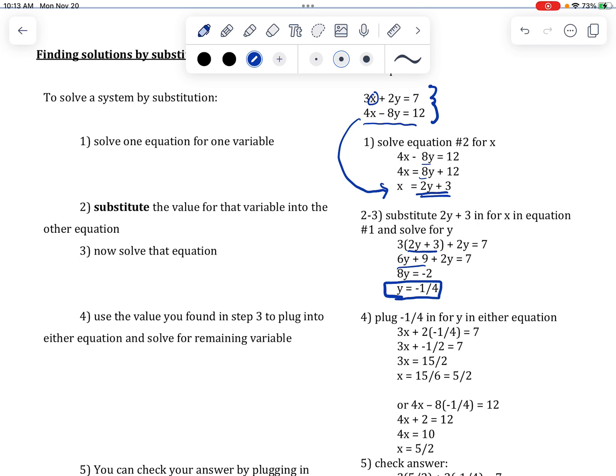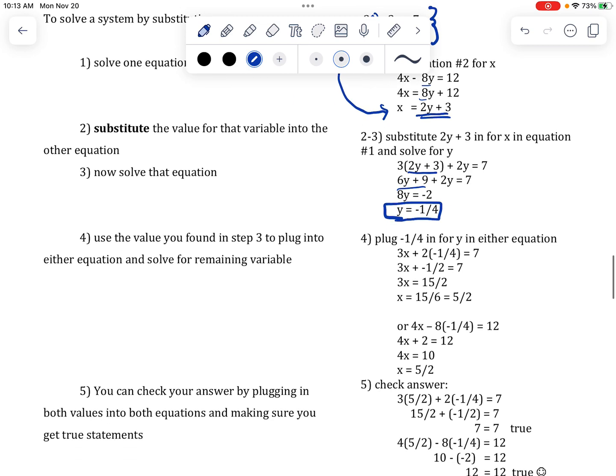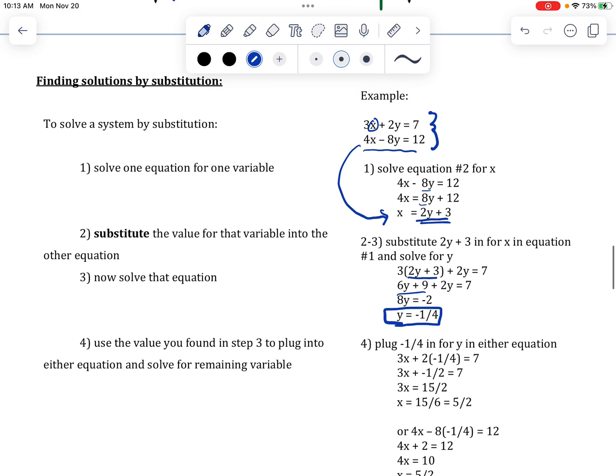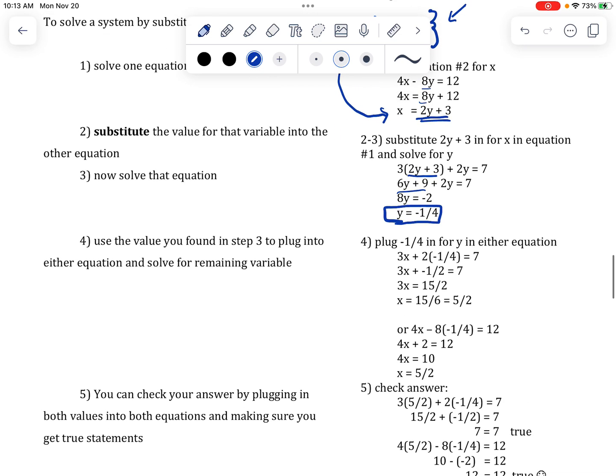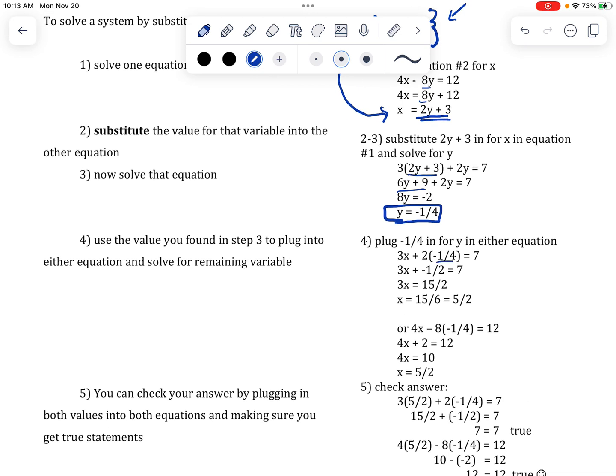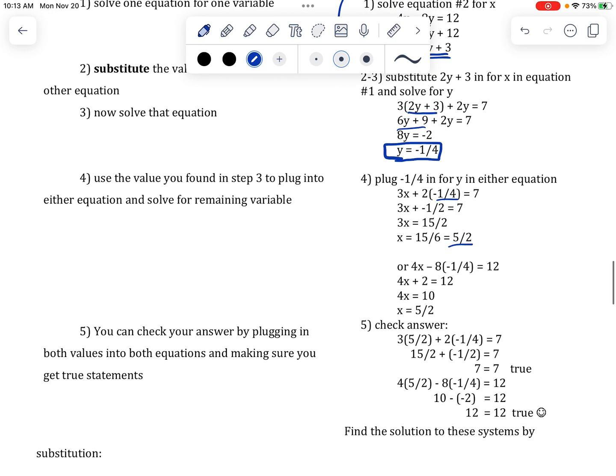Now I have my y-coordinate, I need to find my x-coordinate, so I simply take either equation. I pick the first one, I plug in my y value, and I solve for my x value. Notice it doesn't matter if I pick the second equation, I would get the same thing.